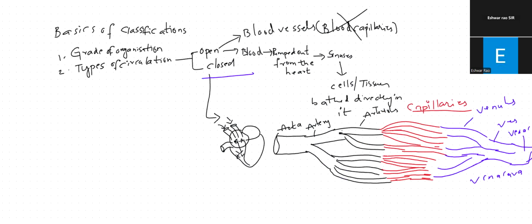Next characteristic feature. We have completed two characteristics so far. The third characteristic feature we are seeing is type of gut.